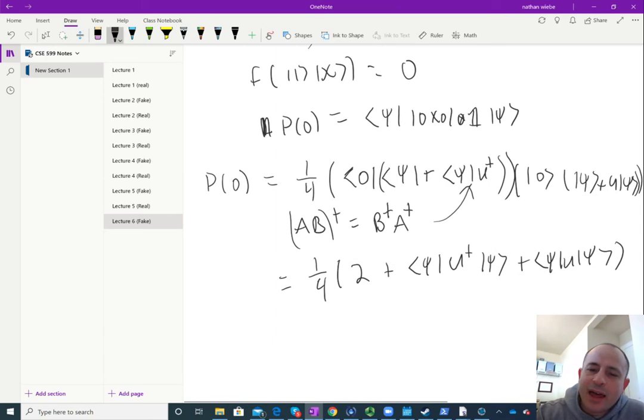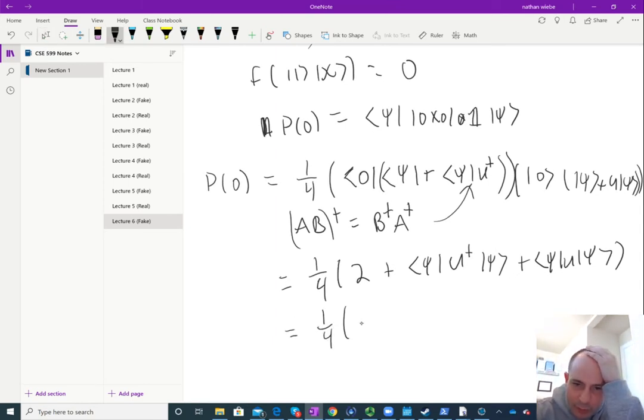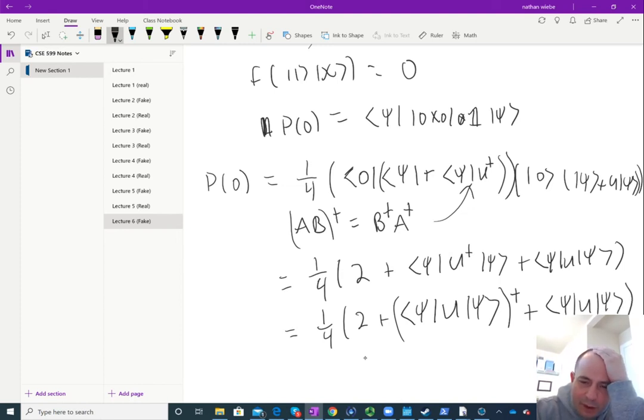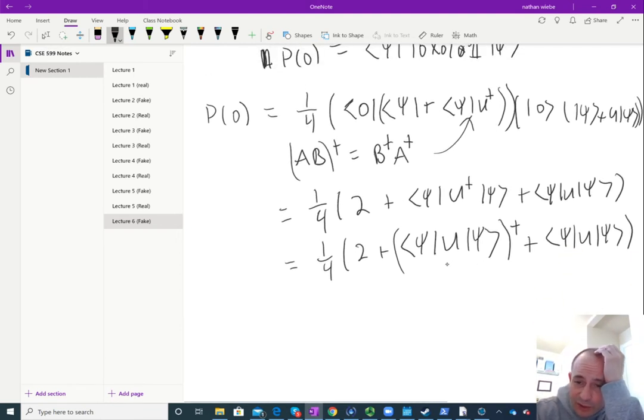Okay, but this is actually equal to 1/4 of 2 plus psi u psi complex conjugate. Or I should say adjoint. I'm skipping a step here. Now, because this is a scalar, it's just the expectation value of an operator, this scalar adjoint is actually equal to 1/4 of 2 plus the complex conjugate of this.